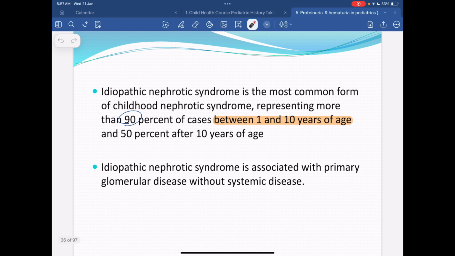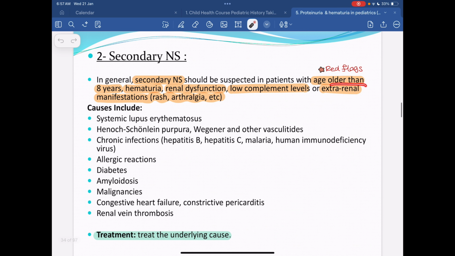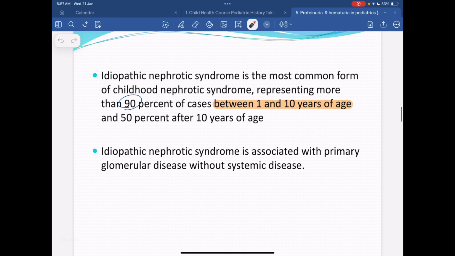Basically, أول ما تشوفون a child and the nephrotic syndrome, first thing you think of is probably idiopathic nephrotic syndrome, and 90% of the cases between 1 to 10 years of age, or 50% after 10 years of age. It's still the most common after 10 years, but after 10 ممكن we suspect any other causes. سواء هي من red flags قلنا هنا older than 8 أو الأنواع الثانية ذكرناها للnephrotic syndrome, primary nephrotic syndrome.